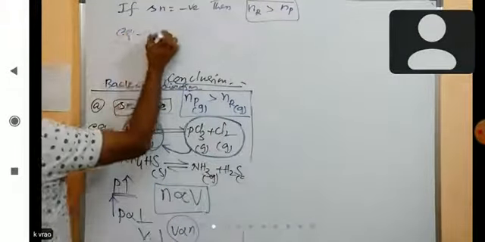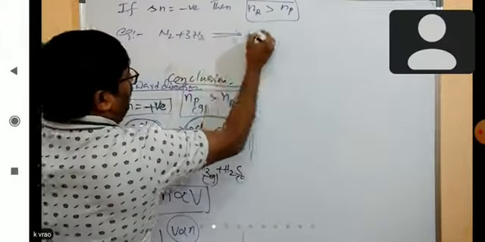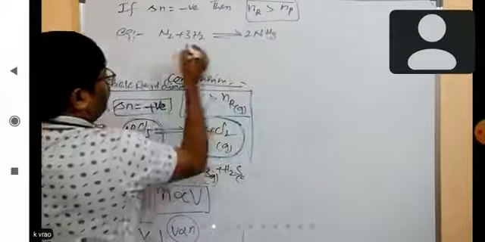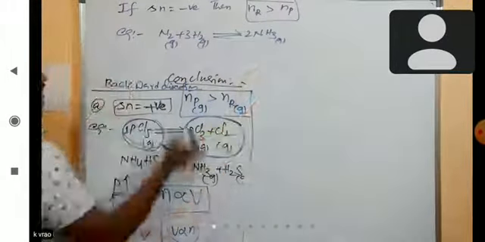Example of this case: N2 plus 3H2 gives 2NH3.